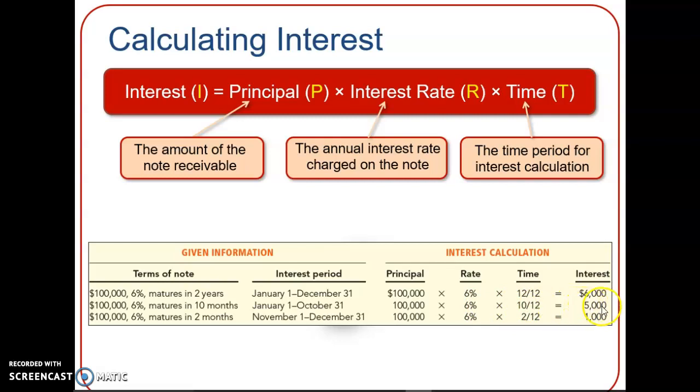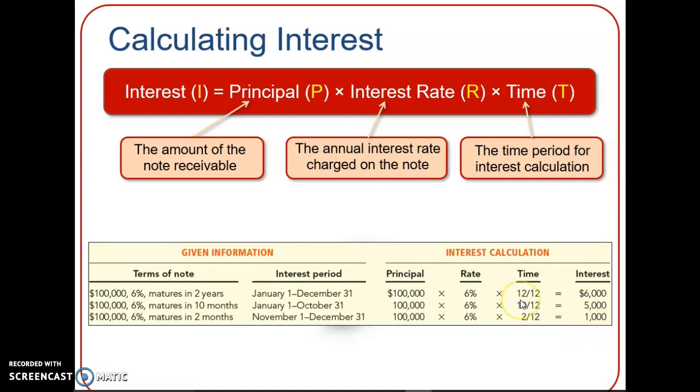That's $5,000 if you do the calculation. The last one has the same principal amount and interest rate, maturing in 2 months. That's 2 months divided by 12 months in a year. We get 2/12 or 1/6 of a year. That's how we get $1,000.